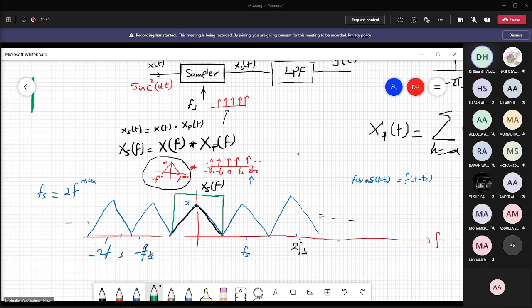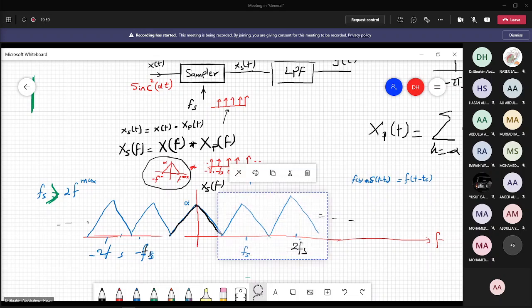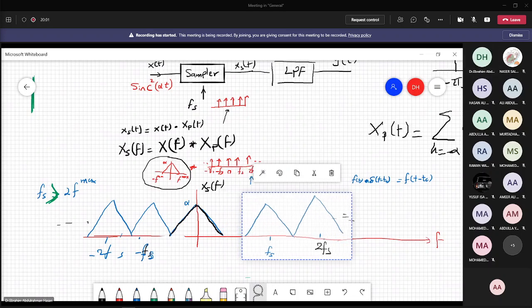Clear? And if it is greater than, then what do we get? This one is going to move, and this one is going to move.